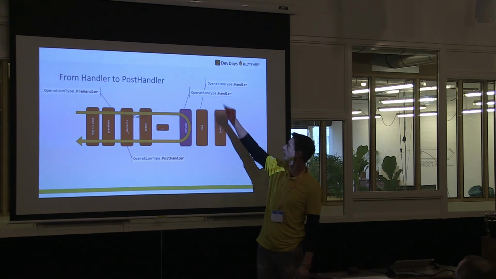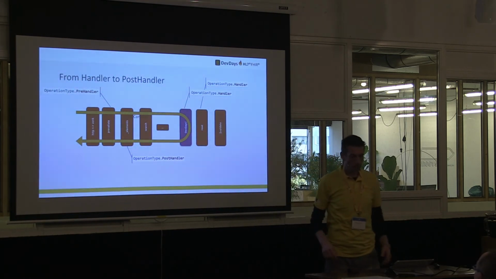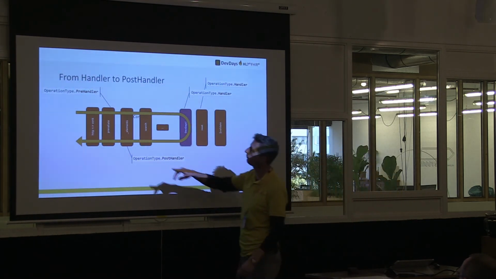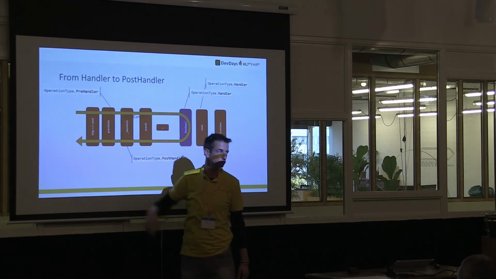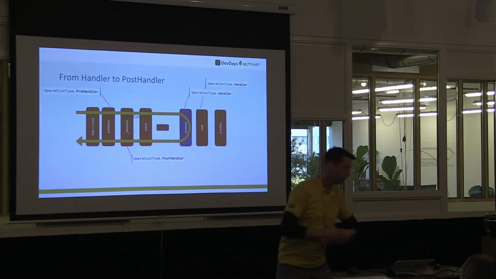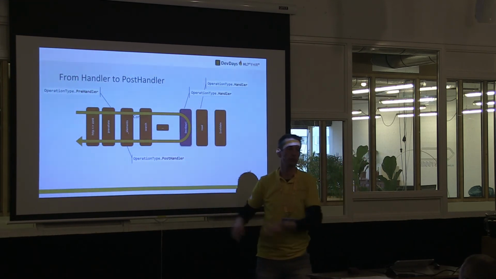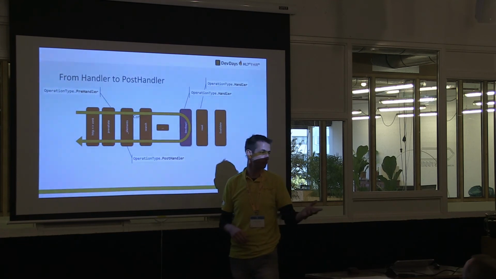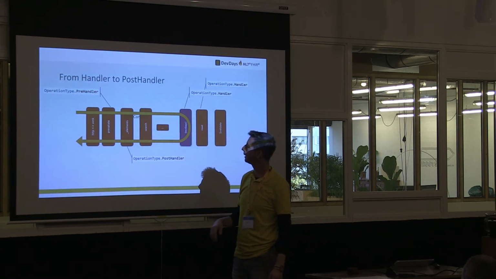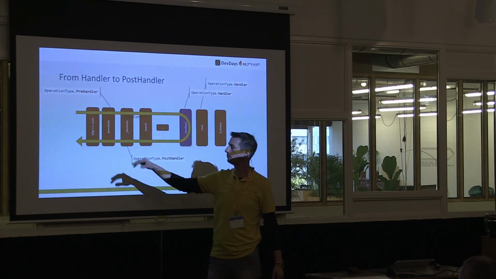We call that a handler. You could also say, I want to do something in front and then send it along. That's a pre-handler. Like log the request and then send it along, or enrich the request with something, or do authorization. And you only cut it short if the authorization fails.